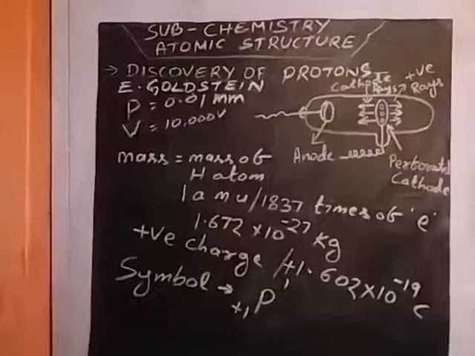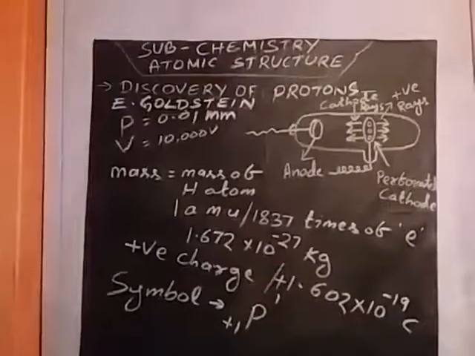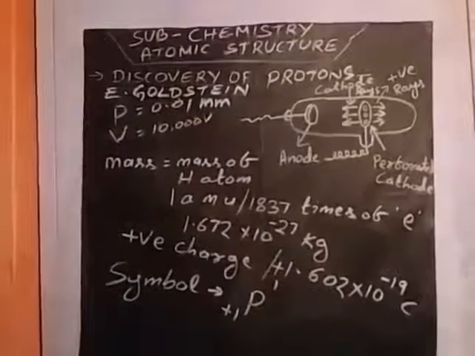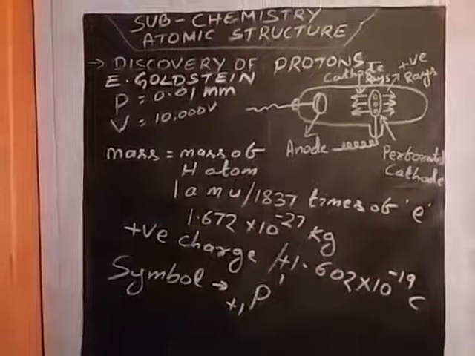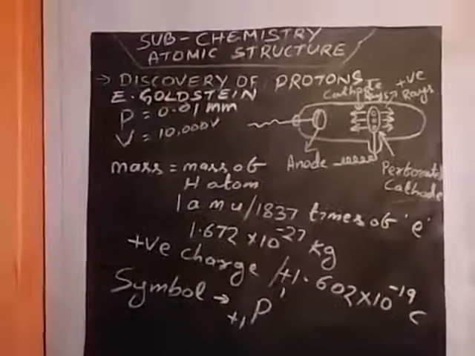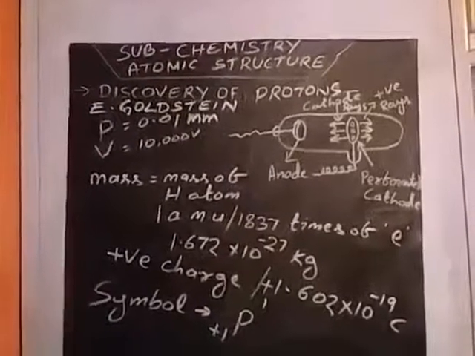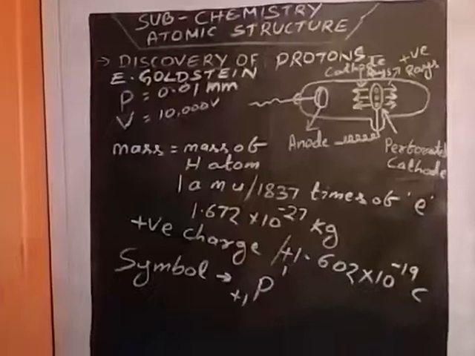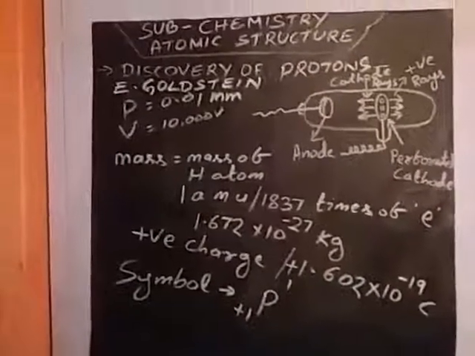Their properties: they also move in a straight line. If you put a magnetic field, they deflect towards the opposite charge. If you put a turbine, its blades rotate, so they have some energy. These are positively charged and are named protons.